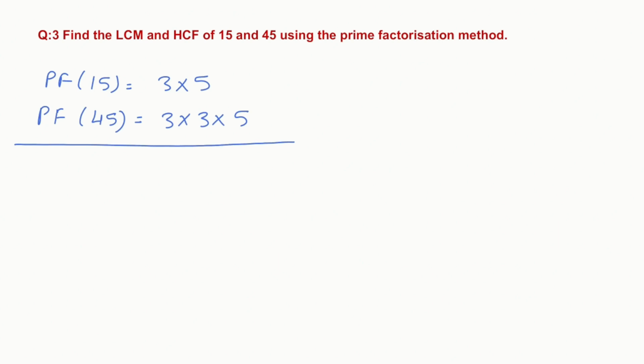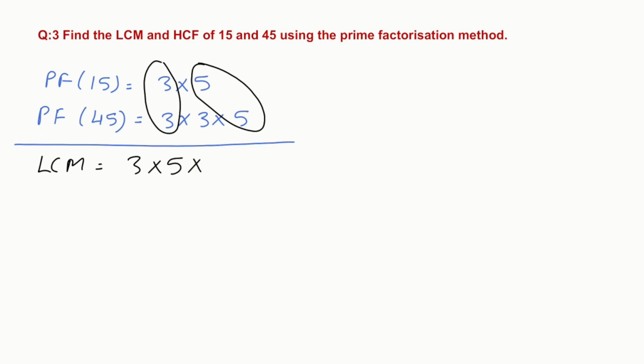Now what are the common pairs? So one is this and another is this. So the LCM is 3 times 5 times 3, which is 45, and the HCF is 3 times 5, which is 15.